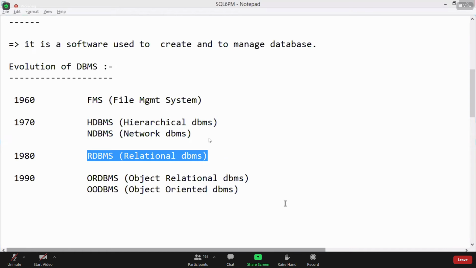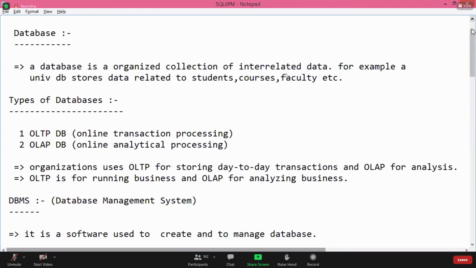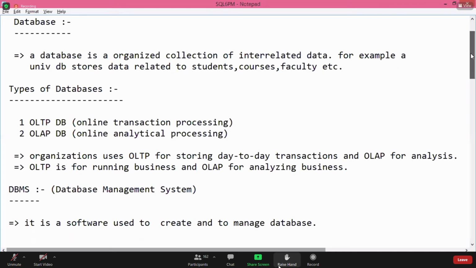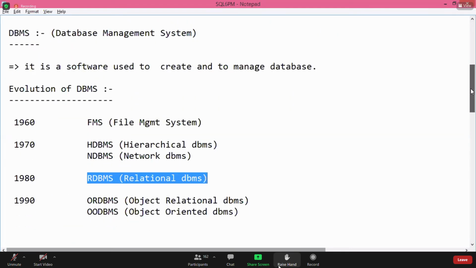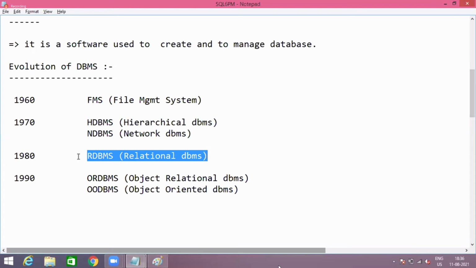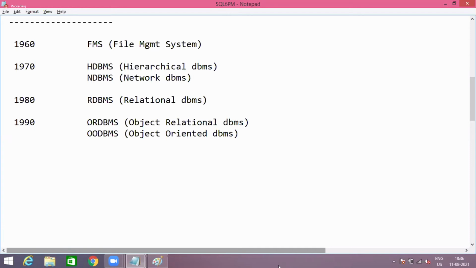Then RDBMS. SQL Server is RDBMS software, and RDBMS concepts were introduced by E. F. Codd. According to RDBMS, data must be organized in tables.